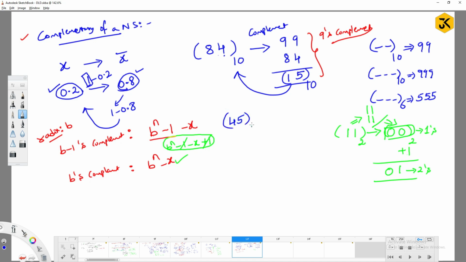45 base 10. If I have a number with base b, how many kinds of complements will you get? Two. One is the 9's complement, another one is the 10's complement. Which one is better, I will explain in the later part. So what is the 9's complement of 45?